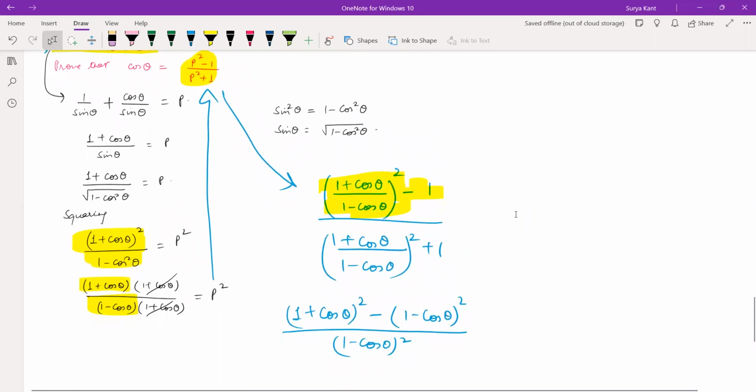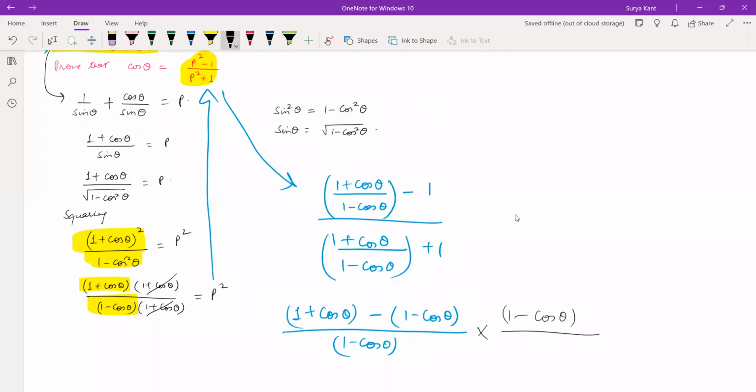Yes, correct. So this value we can directly write over here. It's not square over here. So again we write here 1 minus cos theta divided by 1 plus cos theta, again plus 1 minus cos theta. So one part will get cancelled over here.